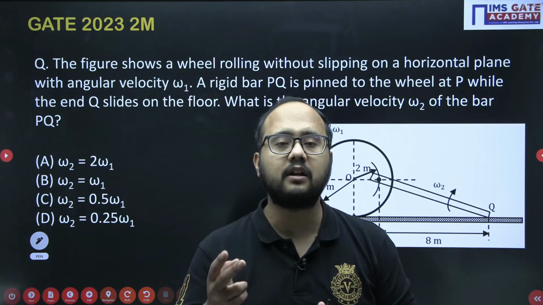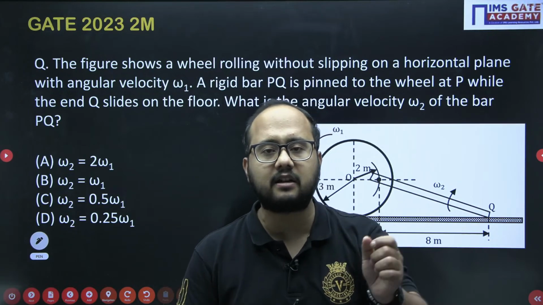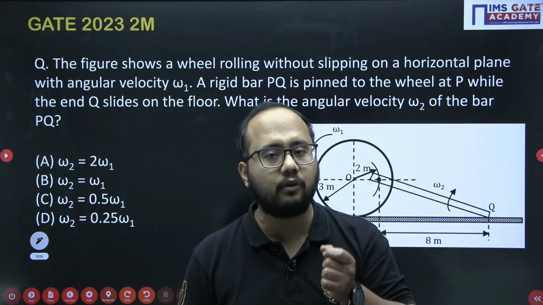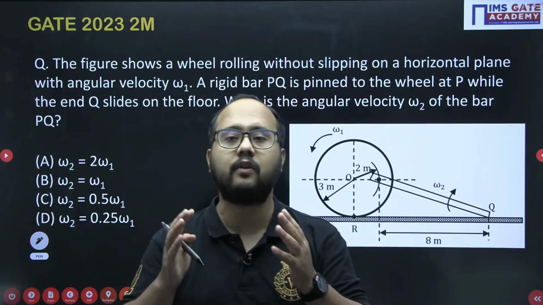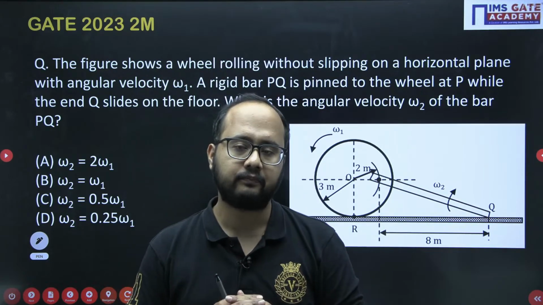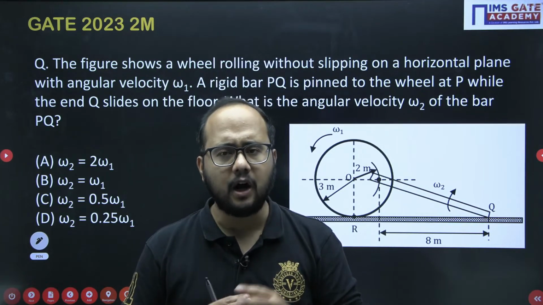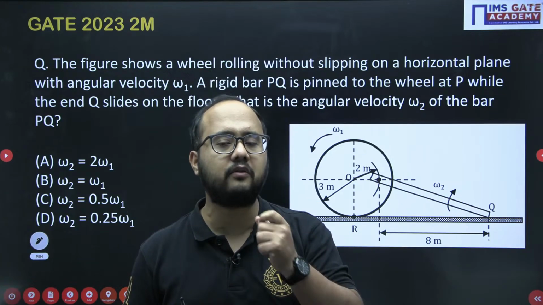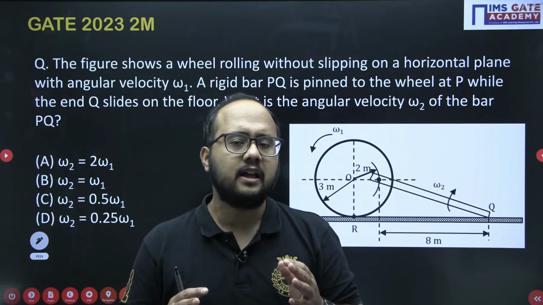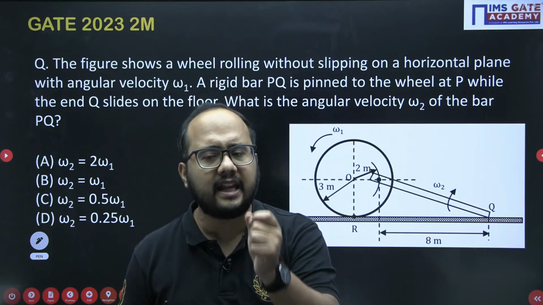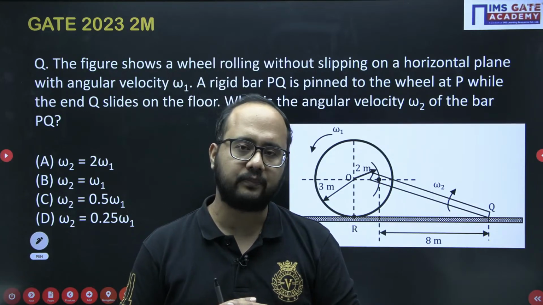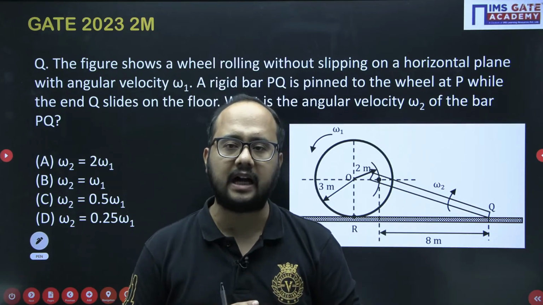Second is the I-center method, and in the I-center method, the theorem that we are going to use is the angular velocity ratio theorem. Okay, now I will be solving this question with the angular velocity ratio theorem, because such type of problem becomes very easy with it. Within 2 lines you will be able to get the answer.